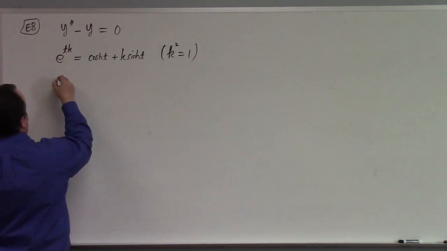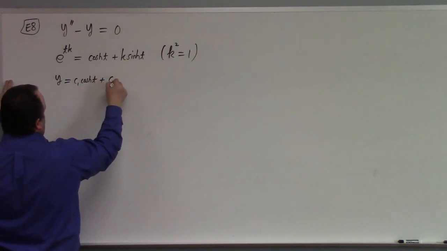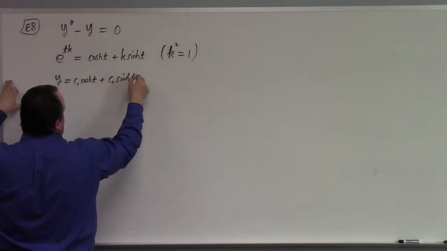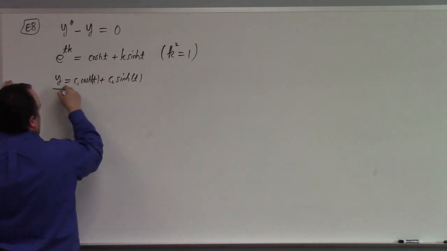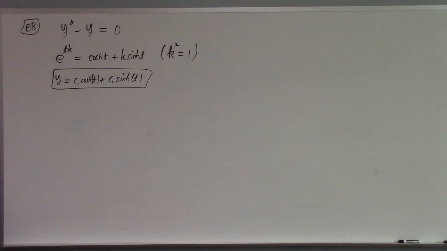In this case, the solution is c1 hyperbolic cosine of t plus c2 hyperbolic sine of t. I would argue that the characteristic algebra for this problem is the hyperbolic numbers. The component functions of the characteristic exponential are hyperbolic sine and cosine. In the previous example, the component functions of the exponential of the algebra were sine and cosine.